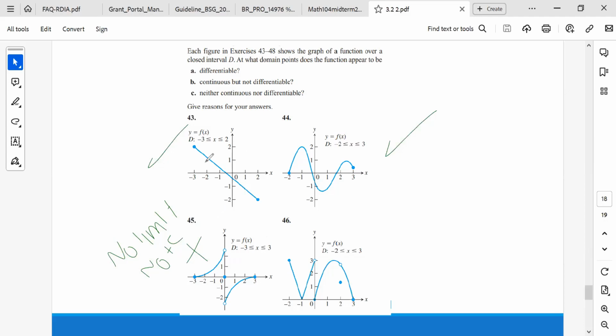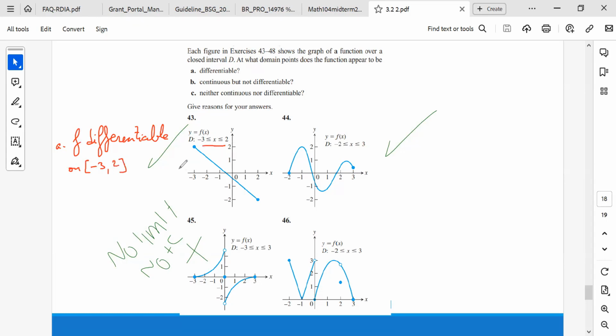So we start with the first graph. So here it's a linear function. So as you see, we have no problem here. So for this graph, the function f is differentiable over its domain اللي هو من -3 حتى 2 closed.